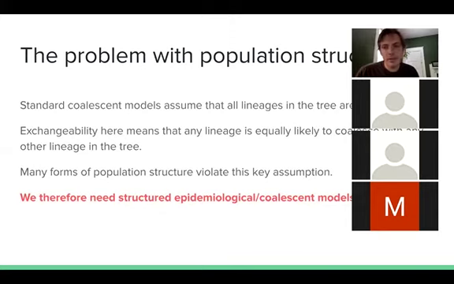And so different lineages in different subpopulations might not necessarily have the same probability of coalescing with one another. So what we need, both for our epidemiological models and for our coalescent models, are models that allow us to explicitly take into account different forms of population structure.